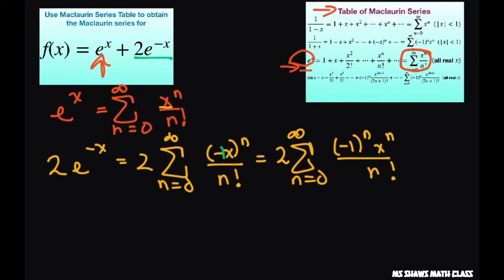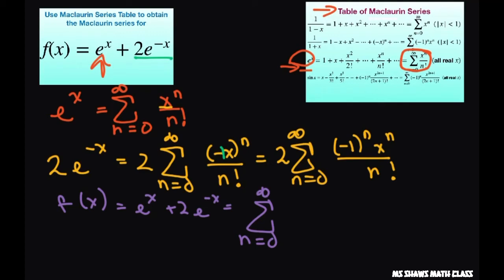Therefore, f of x equals e to the power of x plus 2e times e to the power of negative x equals the sum, n equals 0 to infinity.